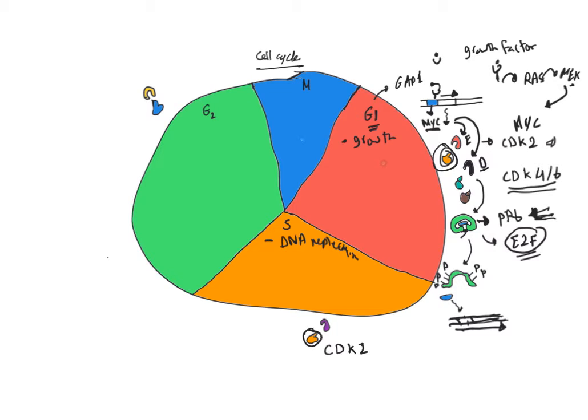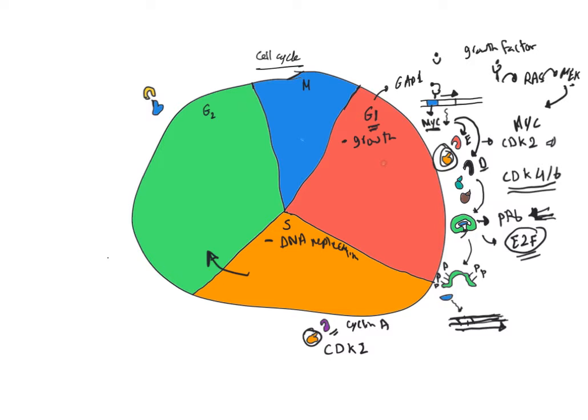Whenever they are done with their job, they get degraded. They are continuously synthesized and degraded throughout the cell cycle whenever they are needed. Now this is cyclin A, which binds to CDK2 and activates it so that it goes to the next step, which is G2.